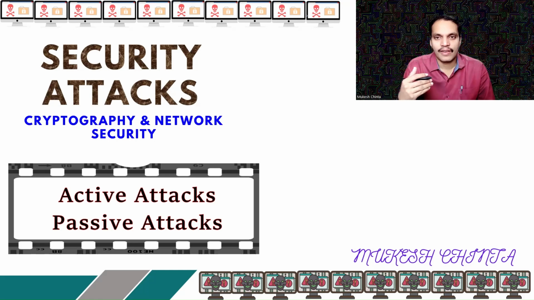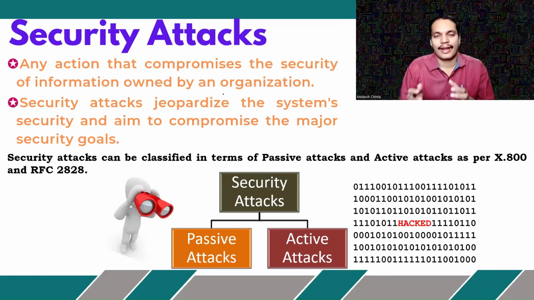To start with the definition of an attack, we have to understand that an attack is any kind of action that compromises the security of information owned by an organization. In other words, any action that compromises an information system owned by an organization or by an individual can be termed as an attack.